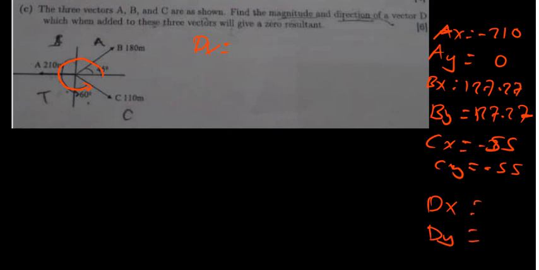But what is our resultant when we add these? They are saying that when added to these three vectors, D will give a 0 resultant. So what are we going to do? 0 resultant.